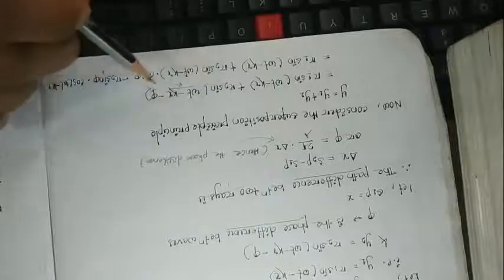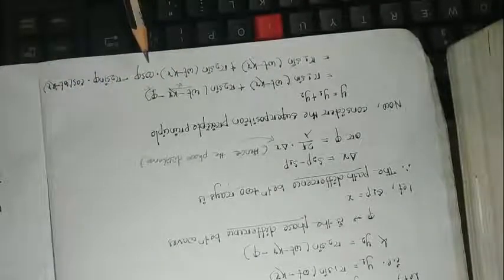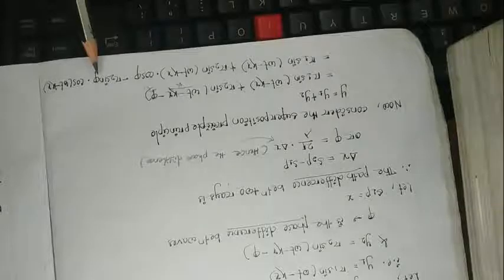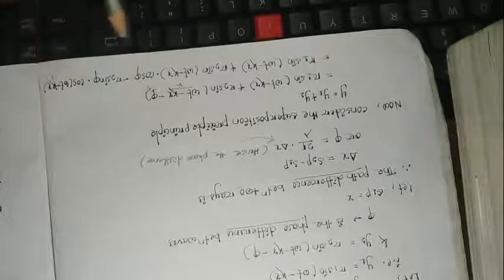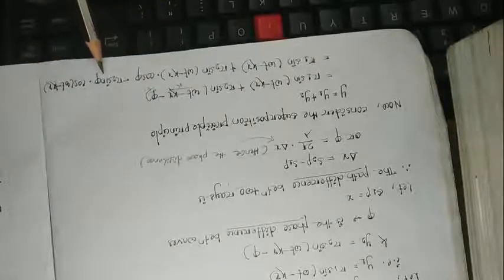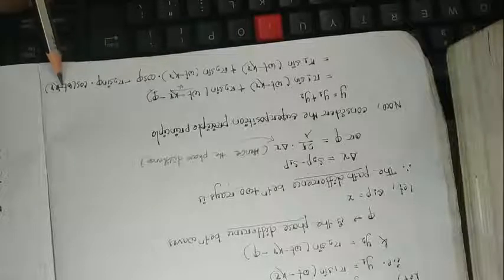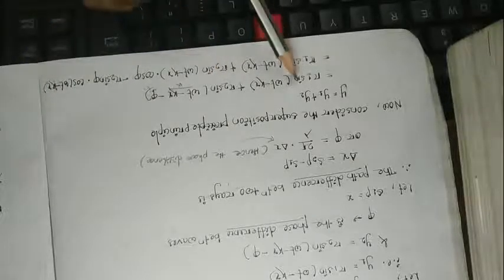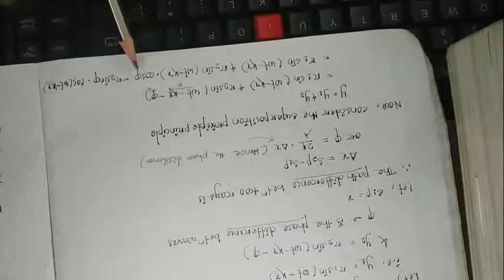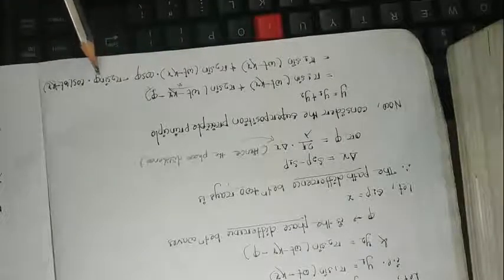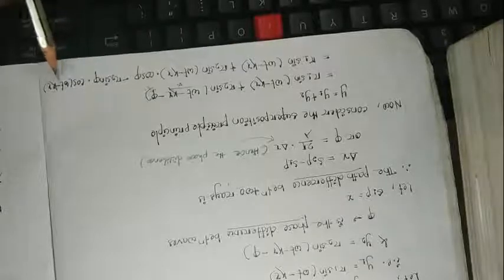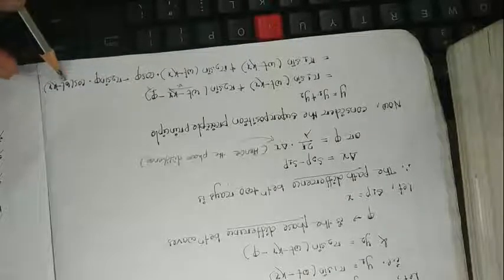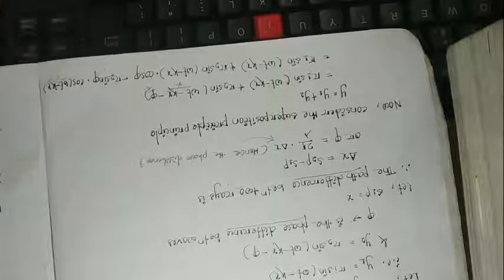So sin(a minus b) will be sin a into cos b minus sin b into cos a. So this will be R2 sin(omega t minus kx) into cos phi minus R2 sin phi into cos(omega t minus kx).